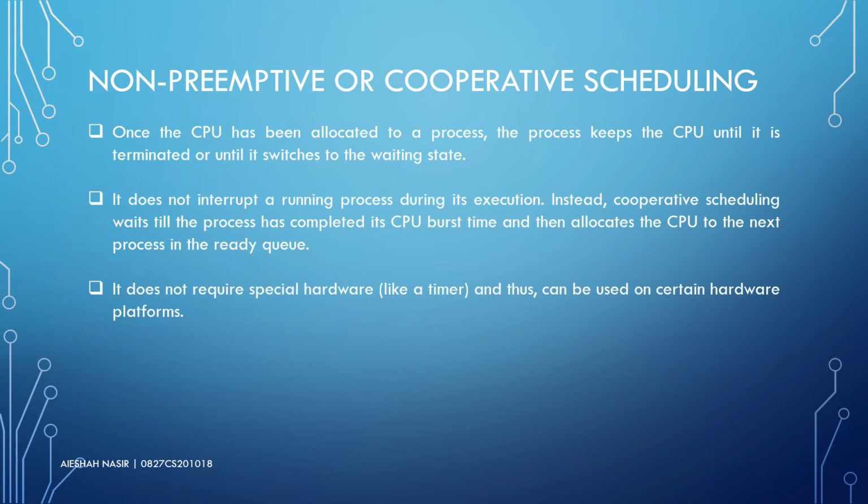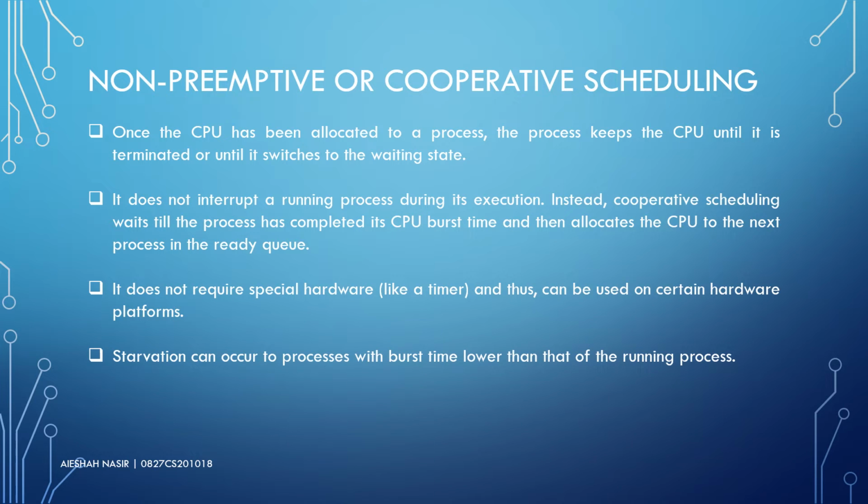You might notice that this kind of scheduling algorithm does not require any special hardware like a timer and can be used on platforms which have very specific requirements. However, starvation can occur to processes with burst time lower than that of the running process, and as a result, CPU resources might not get allocated to these processes.